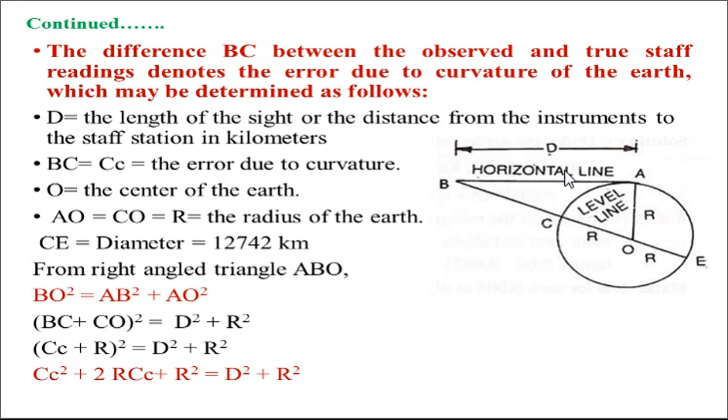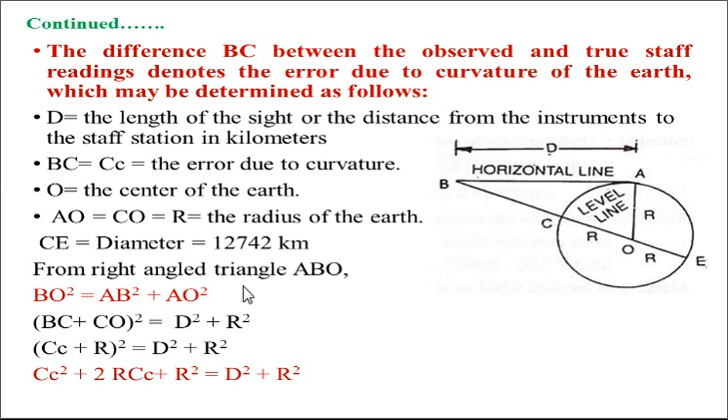Now in this figure we have to consider the right angled triangle ABO. So in this triangle we can write by Pythagoras theorem, BO square is equal to AB square plus AO square.